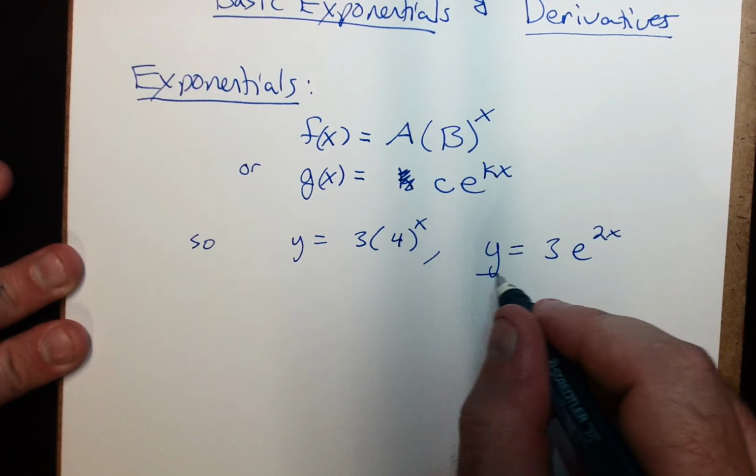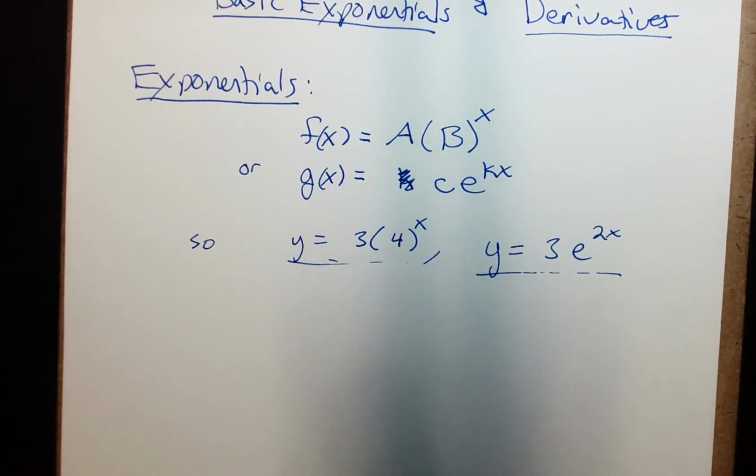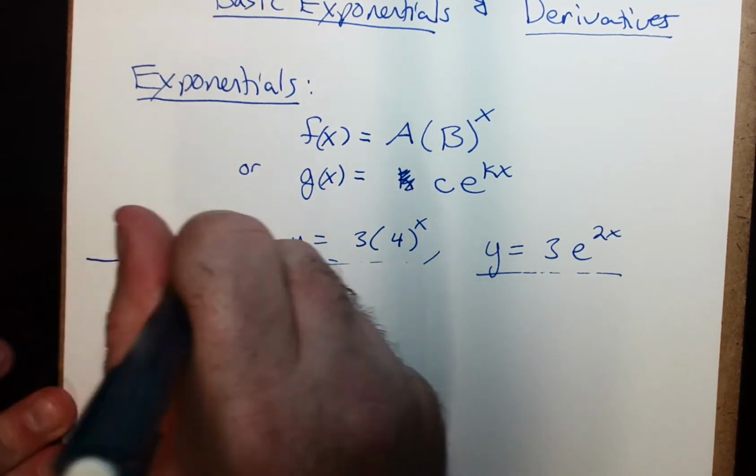You're used to seeing them this way, but they could be this way as well, and either way, they're exponentials. Now, what you're going to have to do on the homework is pretty easy. They're going to ask you to match up the graph of an exponential function with the function that it came from. They give you the function, and then they make you pick the graph out of 4 choices.